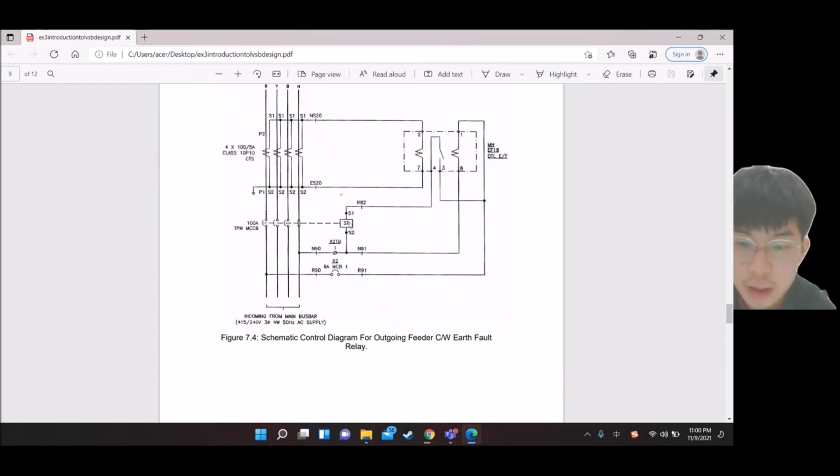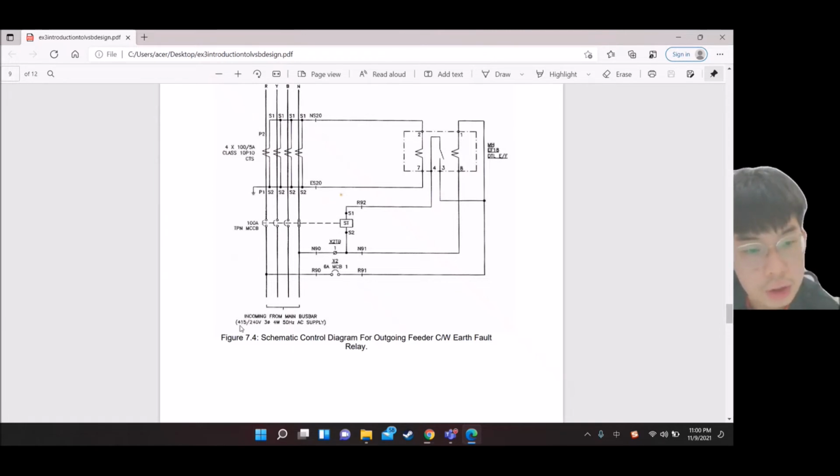When the shunt trip is energized, it will cut off the supply because of detection of fault, to protect the circuit system. For the incoming main bus bar, we have four: red, yellow, blue, neutral.